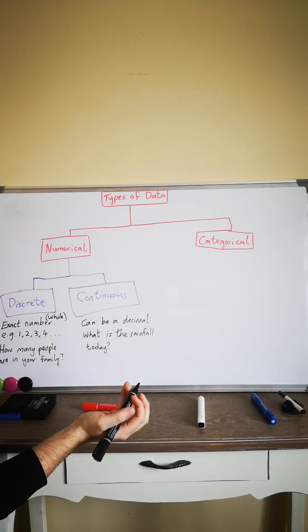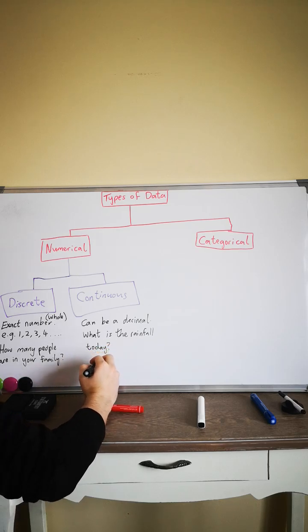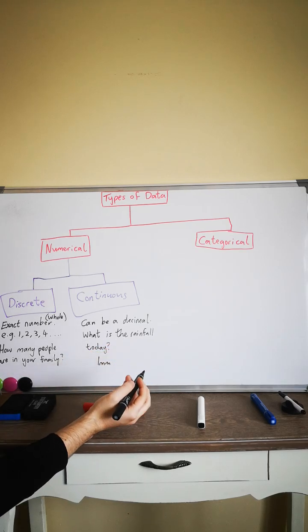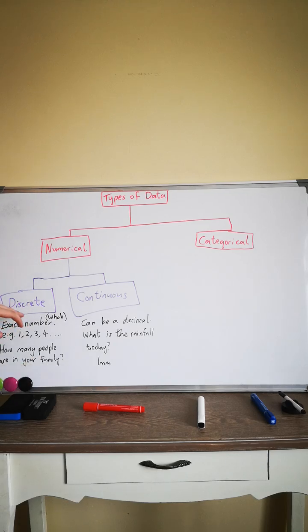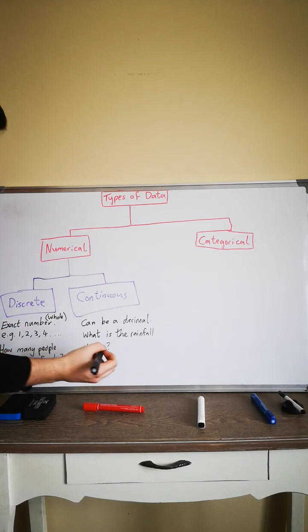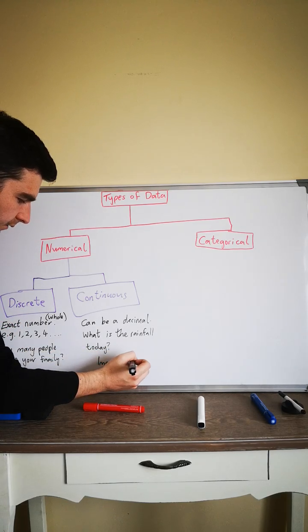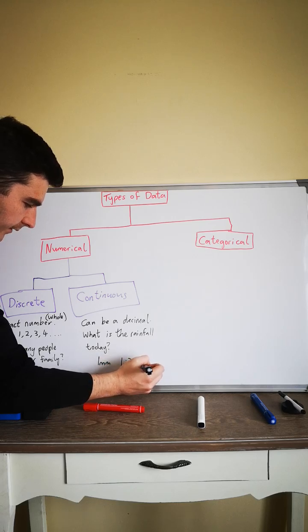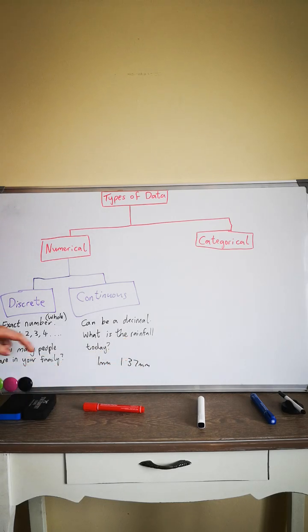Now the rainfall, you could have 1 millimeters of rainfall, and that looks very similar to discrete, but you also could have 1.37 millimeters. It's exact, it's very precise.